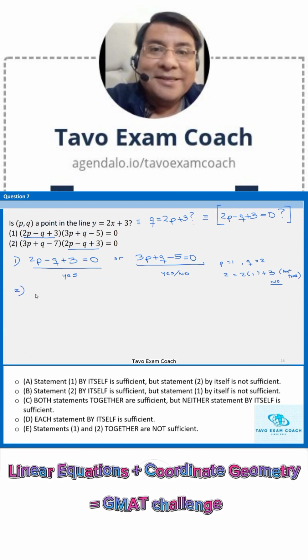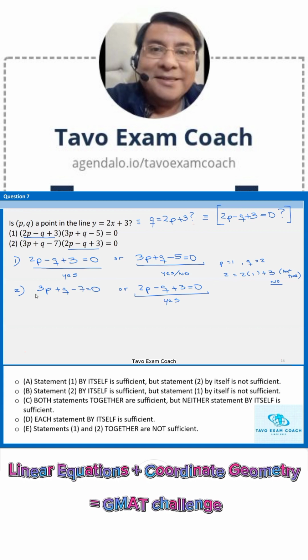Following the same reasoning, the second statement means that there is a possibility that 3p plus q minus 7 equals 0, or 2p minus q plus 3 equals 0. The latter case would definitely give us an affirmative answer to the question. But the former case doesn't necessarily yield an affirmative answer.